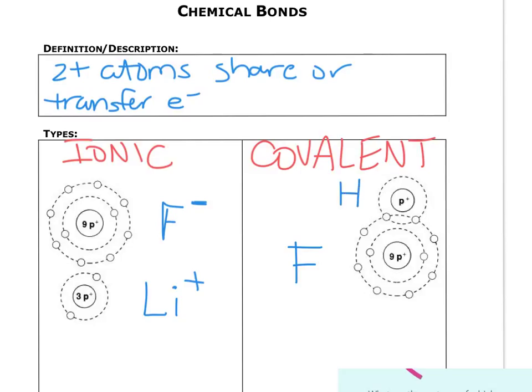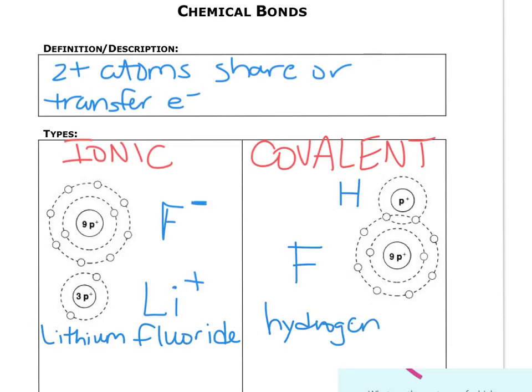As a quick review of your chemistry nomenclature, this one over here would be called lithium fluoride, and this one would be hydrogen monofluoride. You might remember that HF is also a formula for the acid, hydrofluoric acid, but because it's not dissociated, it's the hydrogen monofluoride molecule.